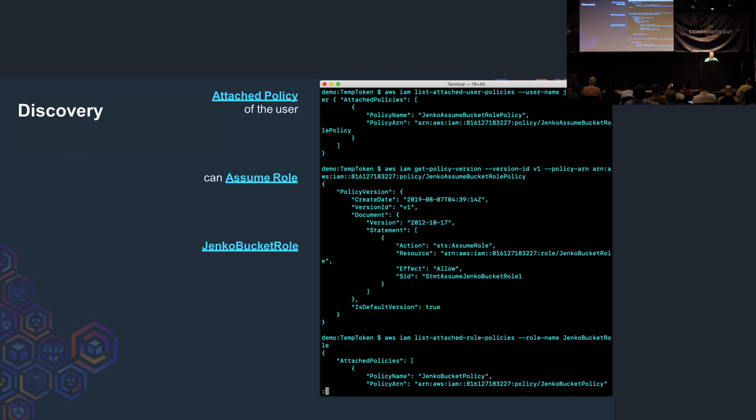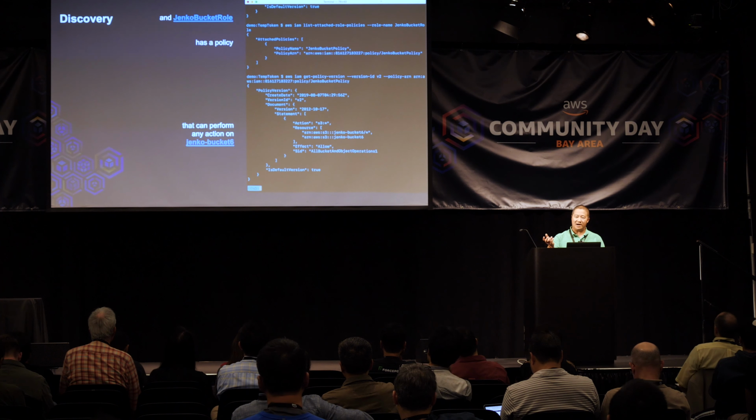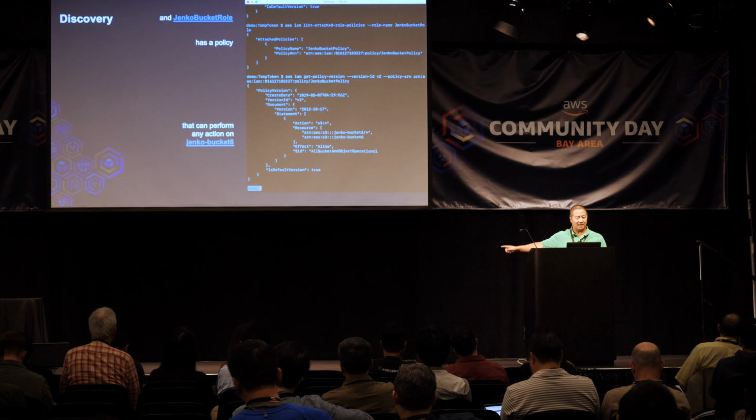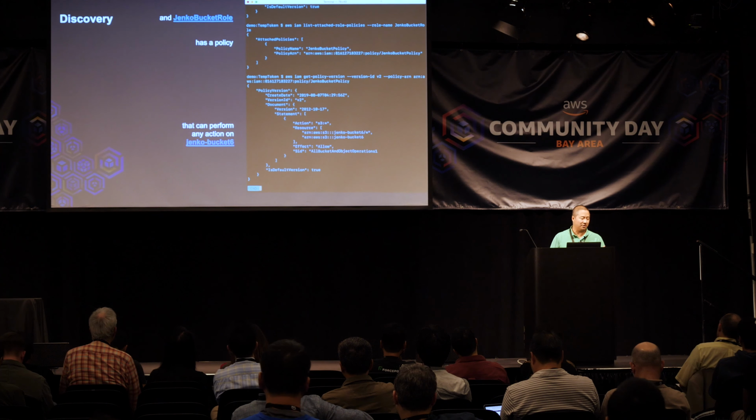Well, what role is this? Something called Jenko bucket role. That's an even sketchier name, but it hints at something interesting, a bucket access maybe. And if I keep going, I see that the actual policy with that role that I can get to, or assume, can perform at the bottom any action on a bucket called Jenko bucket 6. Any action, S3:*.